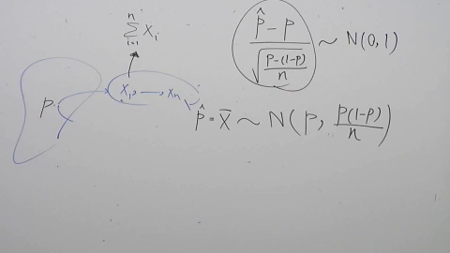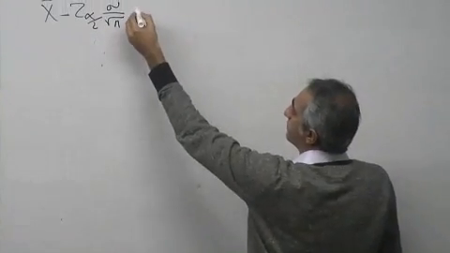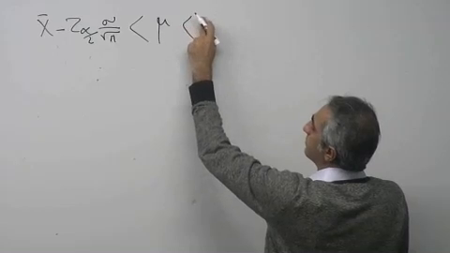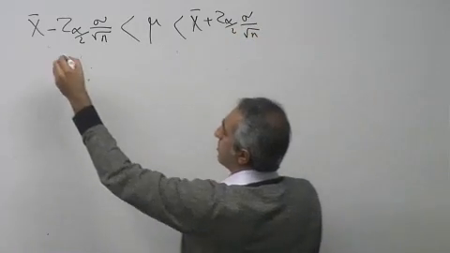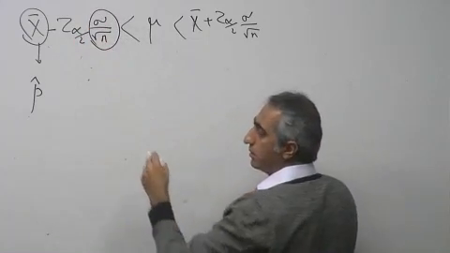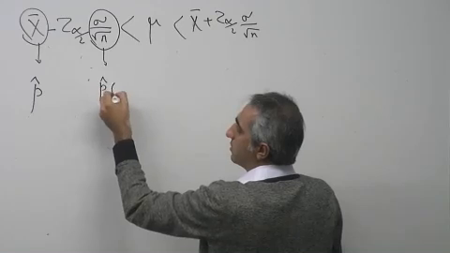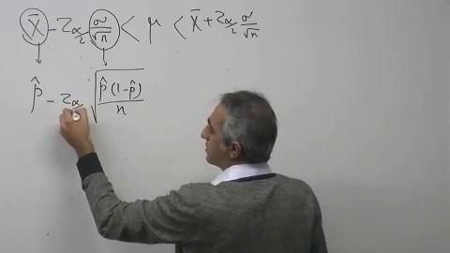Then I can use the confidence interval for the mean of a normal distribution with known variance for that. Okay? Which is what? You remember it was x bar minus... So what I'm doing, instead of x bar, I'm using p hat. Instead of a standard error, I'm using this standard error. And z alpha is going to stay the same.